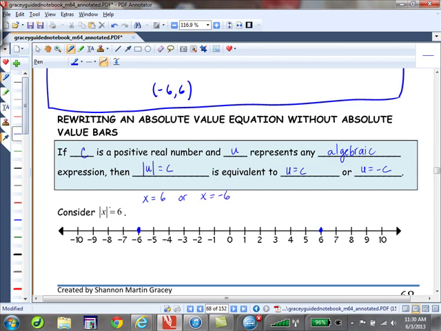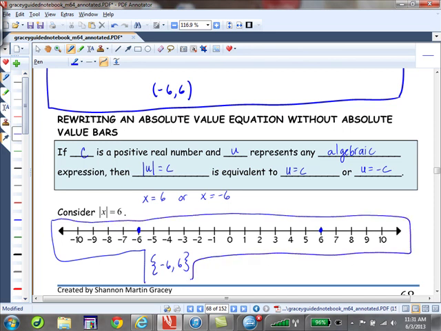So the u in this statement is x, and the c in this statement is 6. In roster notation, this one would go in roster notation because there are only 2 values, so we can just list the values. And so there we go again, we have the picture, and we have the solution.